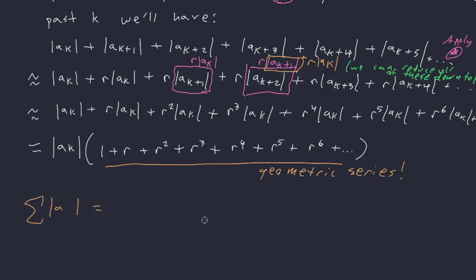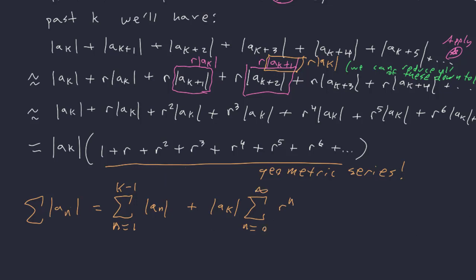Let me call this a_n. So the sum of a_n from n equals 1 to k minus 1, plus a_k times this geometric series, the sum of r to the n going from 0 to infinity.